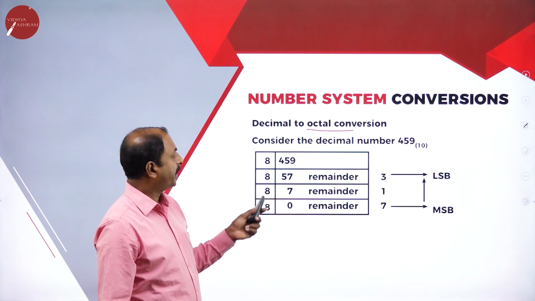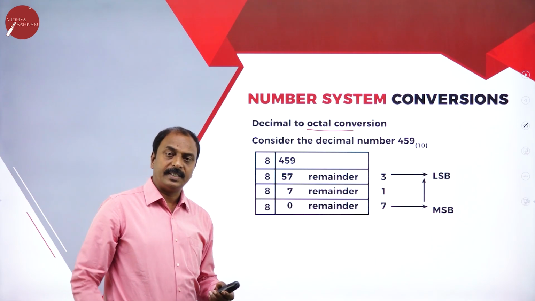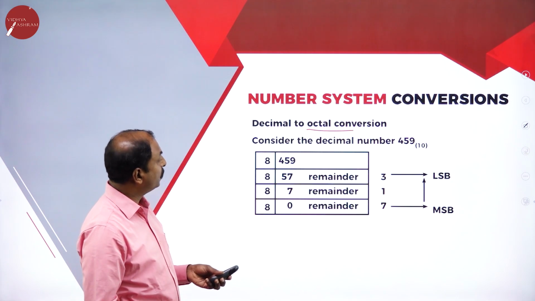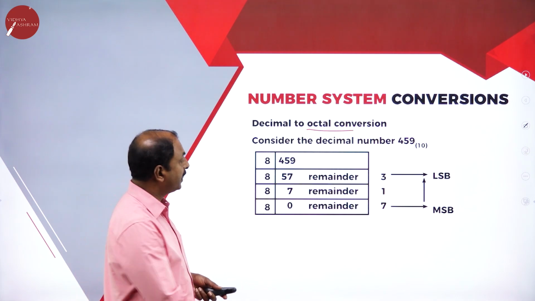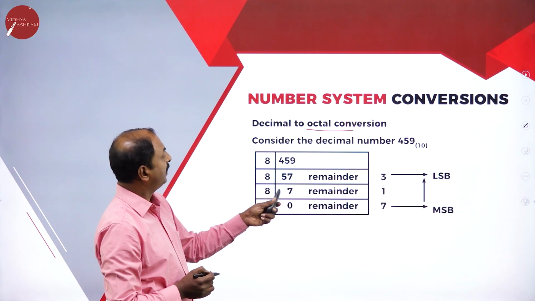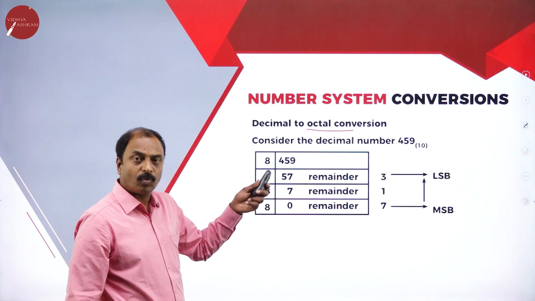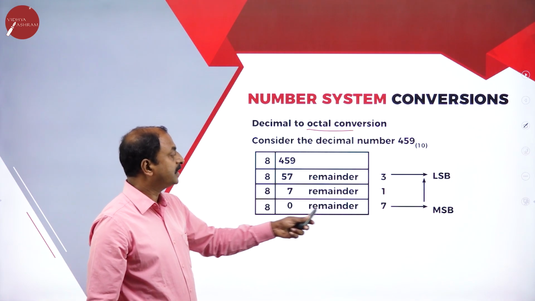And we can stop dividing at this position, as we have seen in decimal to binary. We can divide as long as the quotient is greater than the base, or you can go for one more step: 8 0s are 0 and remainder is 7.